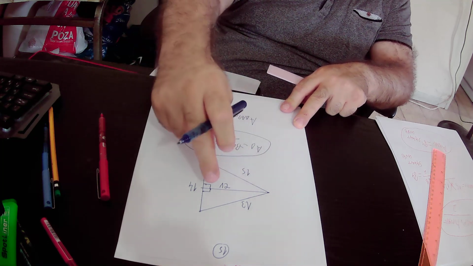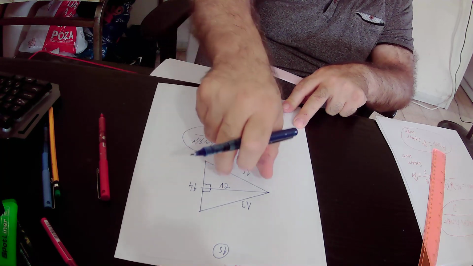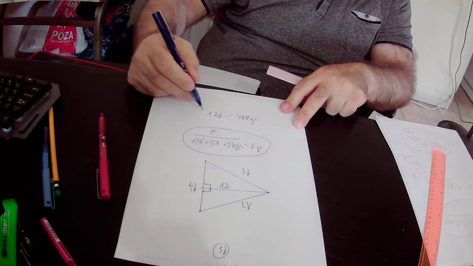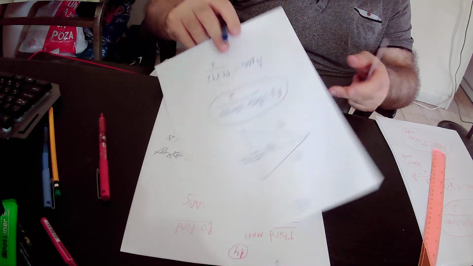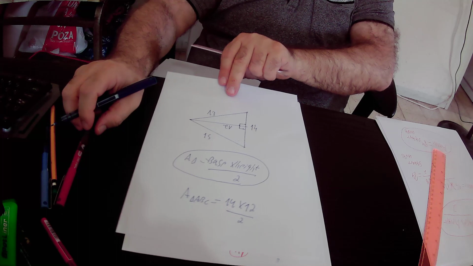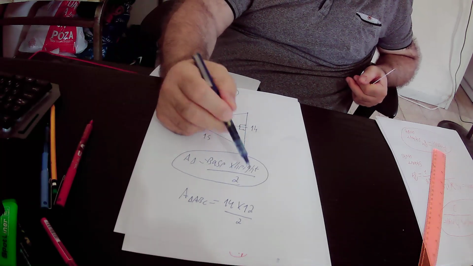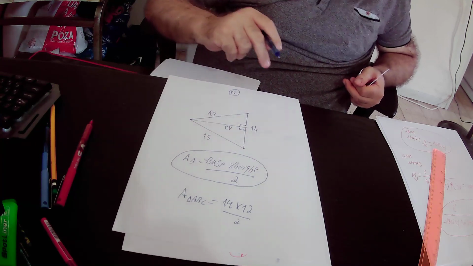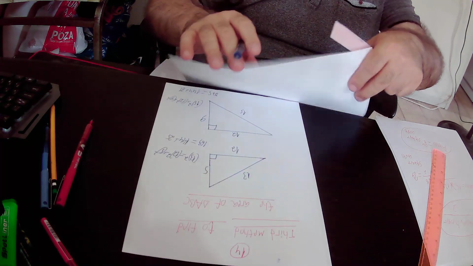The height creates 90 degrees with the base, and indeed this side creates 90 degrees with the base, so the height is indeed 12 units over 2. So the area of triangle ABC equals the base of the triangle, that is 14 units, times the height to the base, that is 12 units over 2. Here 12 over 2 is 6, so I write it down.